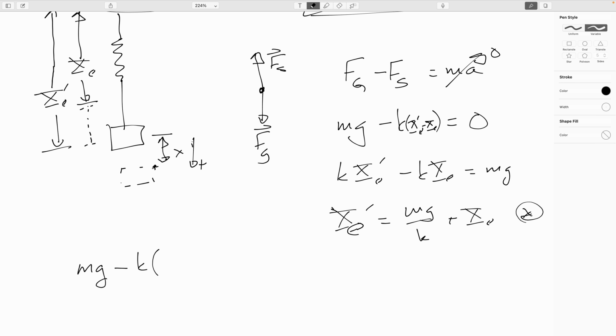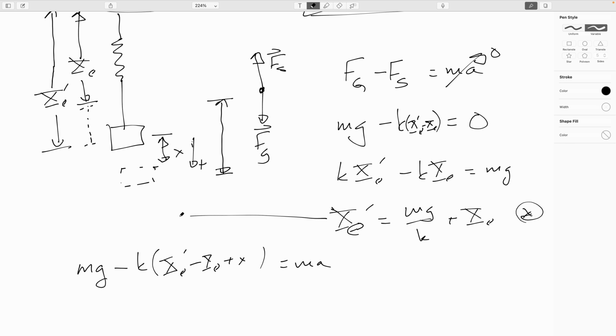This new stretch, this distance that we're stretched from the original equilibrium, because that's what's going to go into Hooke's law, is x equilibrium prime minus x equilibrium plus this lowercase x for the extra displacement that we have. That's going to equal ma.